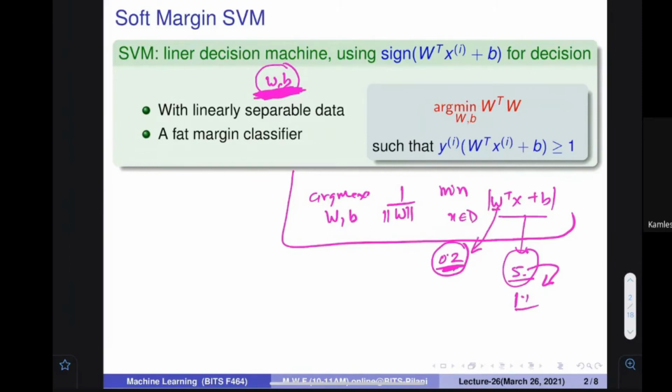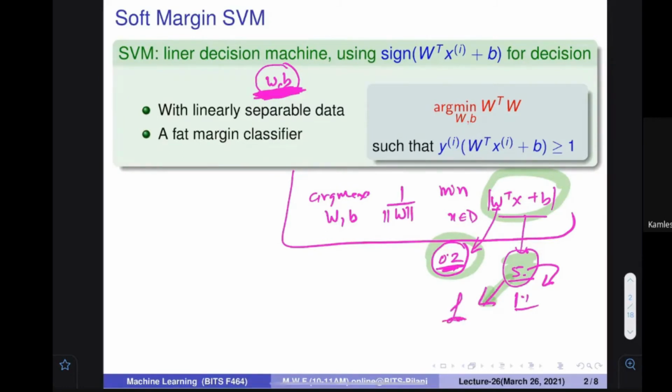If we assume that there is some minimum value, you can further reduce this by just multiplying W with some constant. So ultimately this value vanishes. This is a big problem, because then finding the right parameter becomes very difficult. It is not possible to find the right parameter. So instead of finding the minimum, we can fix some value.